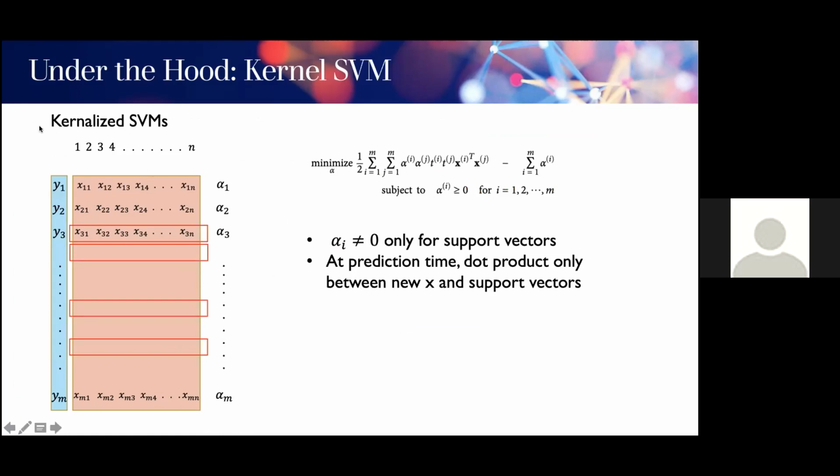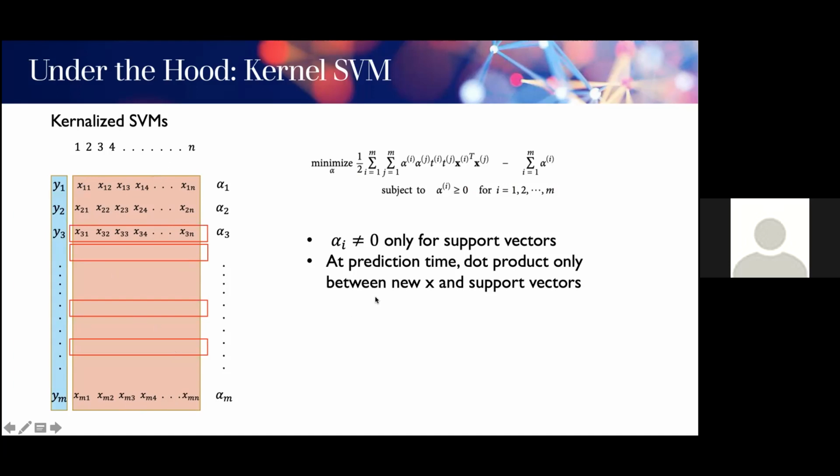But the problem with that is you have to memorize your data. So the size of your model is the size of your data. But for kernel vectors, thankfully, it doesn't have to memorize every single training instance. It only needs to remember the support vectors.